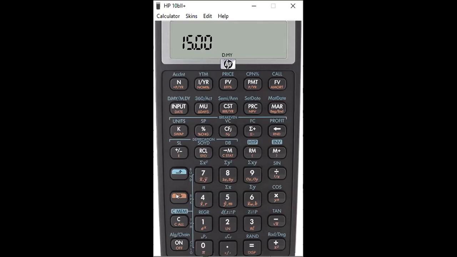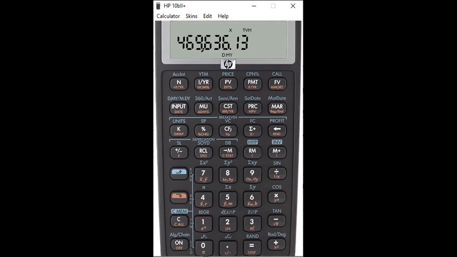And then we press this red shift button and we come to the NPV button here, PRC NPV. We're activating the red part. And we get 469,636 and 13 cents.